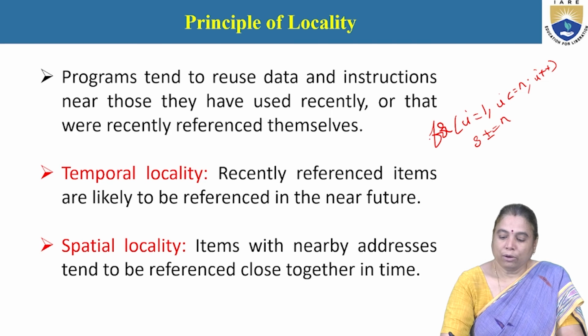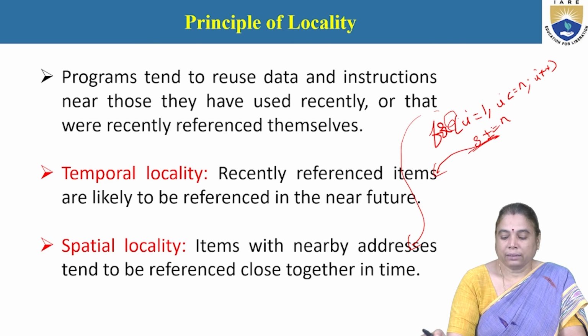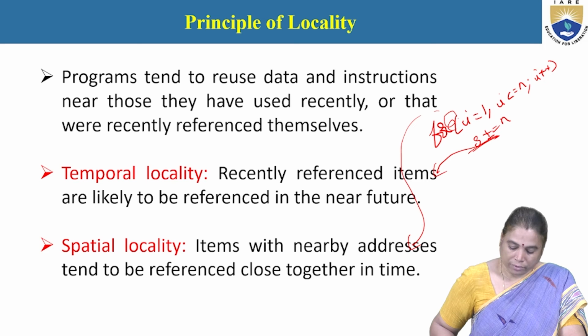The loop variable i is referenced there itself, and the sum is added with the next incoming value. So the sum variable comes under temporal locality, and the i variable is referenced as spatial locality. These instructions are very frequently used, so they can be placed from main memory into the cache memory.